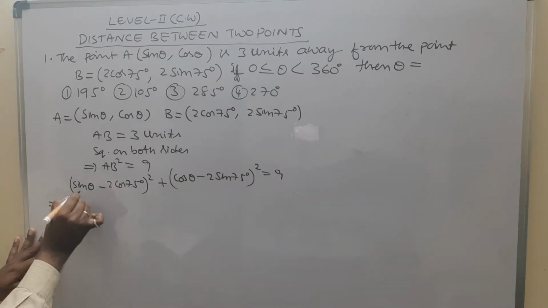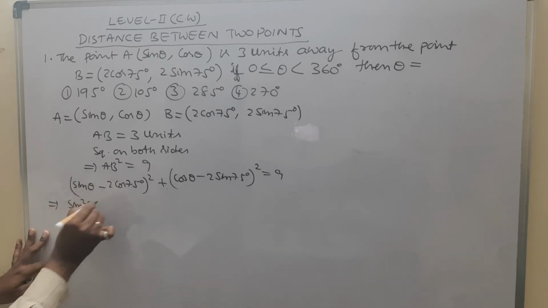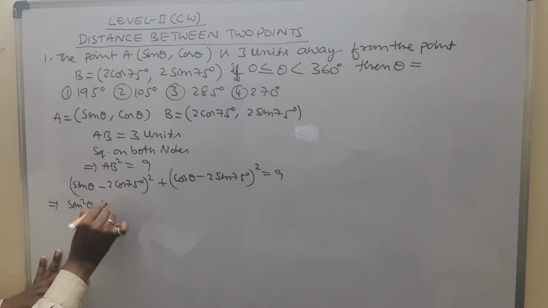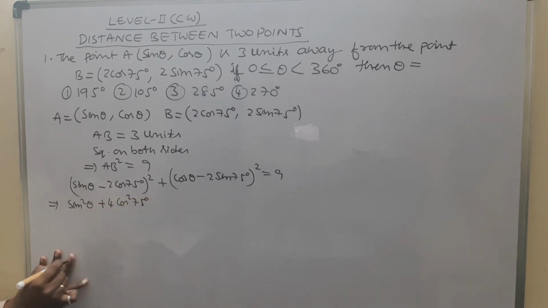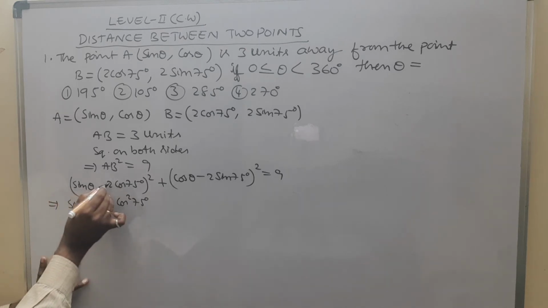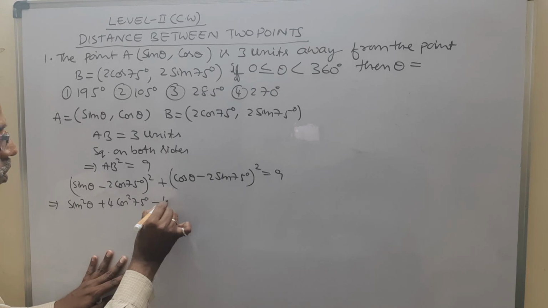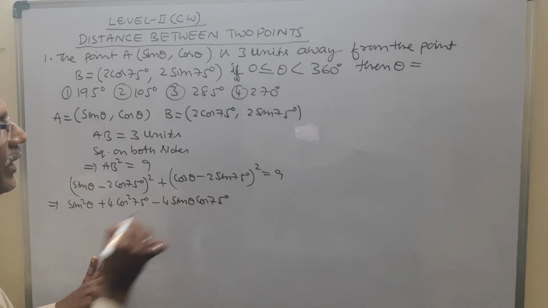Here a minus b whole square expansion: sin square theta, a square plus b square, 4 cos square 75 degree, minus 2ab, minus 2 sin theta 2 to 4, minus 4 sin theta cos 75 degree.